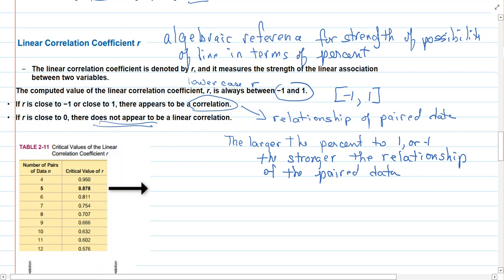This is a part that I found very interesting in the study of this material. Because I like to teach algebra, and correlation coefficient gives us a strength. And it says the number of pairs of data and the critical value of R. And that is the litmus test.